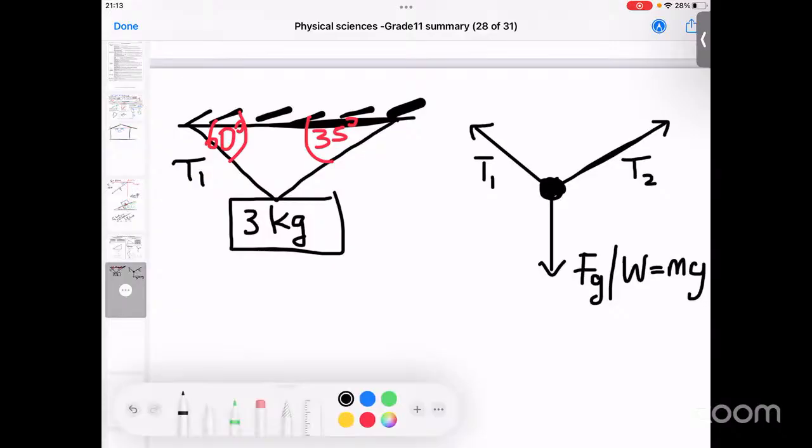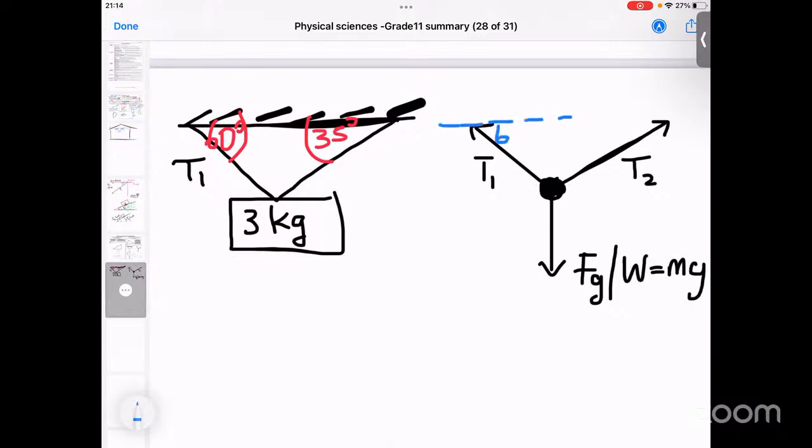So what I'm going to do now is not what you need to do if you were asked to draw a free body diagram. But I just want you to remember that this is where it is attached to the ceiling, whereby that angle there is 60 degrees. And then here, it is where it is attached to the ceiling, whereby the angle there is 35 degrees.